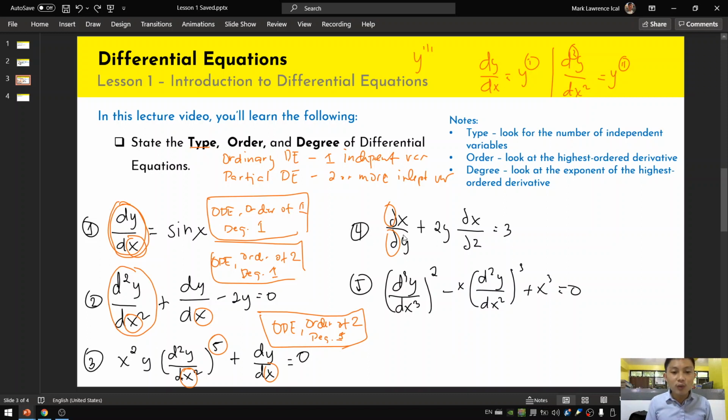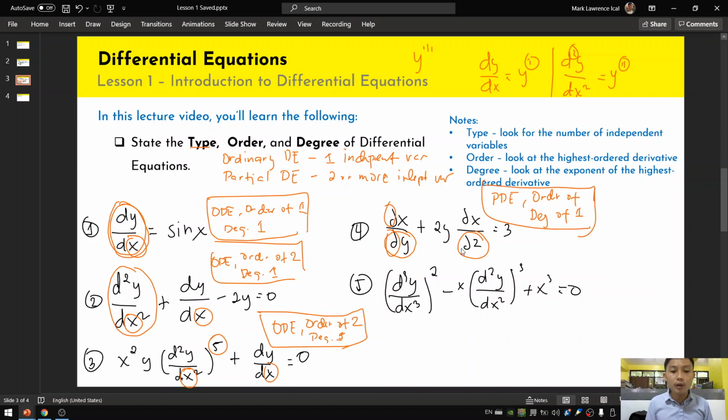So, when you see this one, looking at the independent variables, we see that we have partial of y and we have partial of z. So, we have 2. So, this is already a partial differential equation. What's the order? We only see 1. Order of 1, degree of 1.